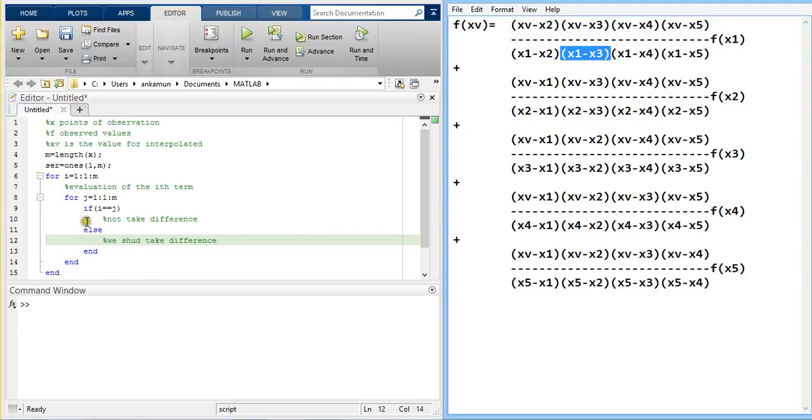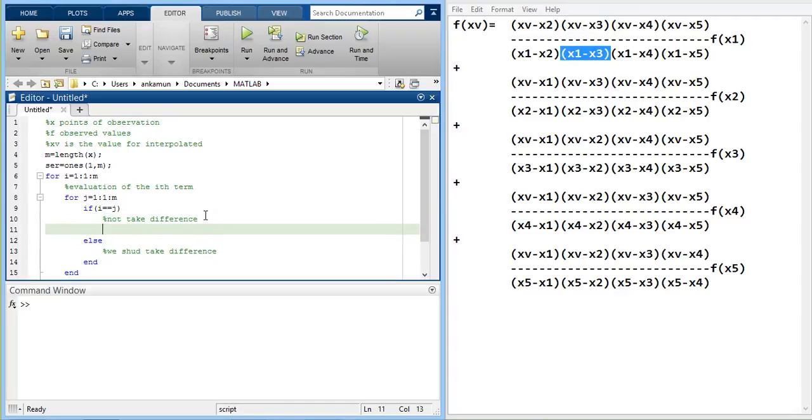So SER is the intermediate term that I will update in every run of the loop with itself. When we take the difference, we multiply SER with a new term. When we don't take the difference, we multiply it by 1.